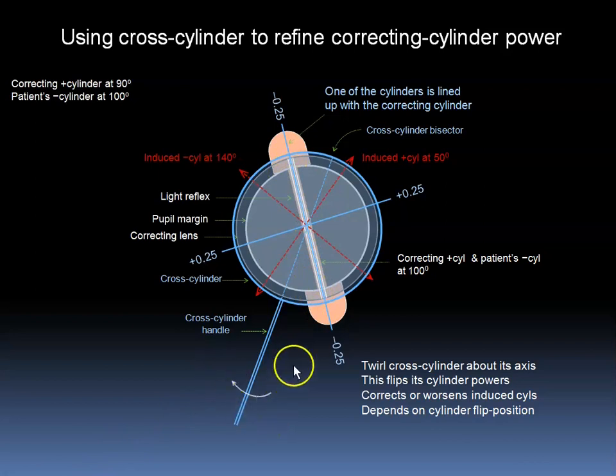We twirl the handle to flip the Jackson cross cylinders back and forth so that the minus cylinder is in line with the correcting cylinder or the plus cylinder is in line with it. One of the positions will make the vision better and the other will make it worse.